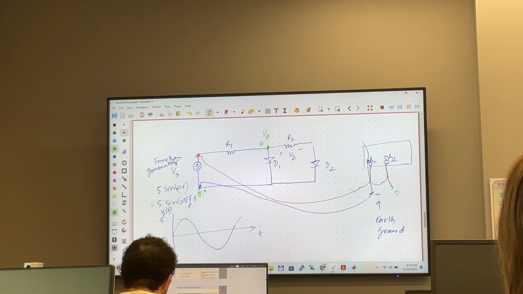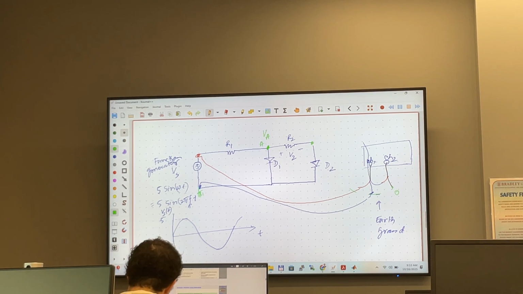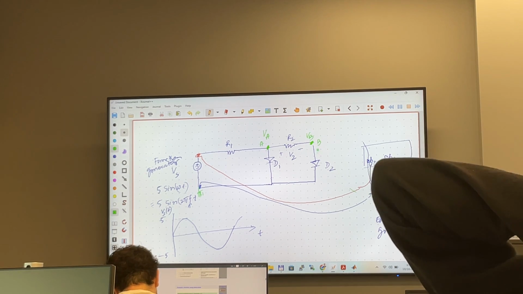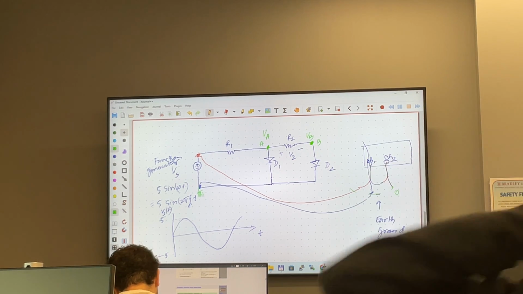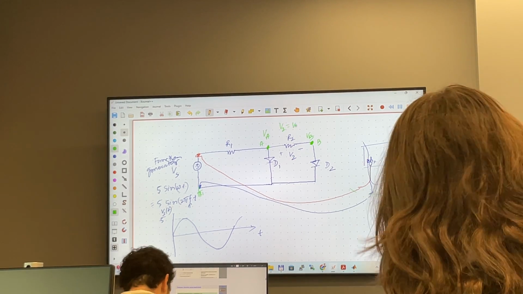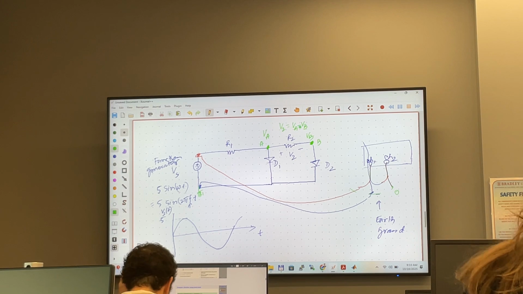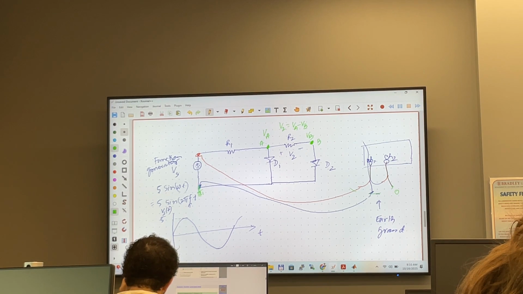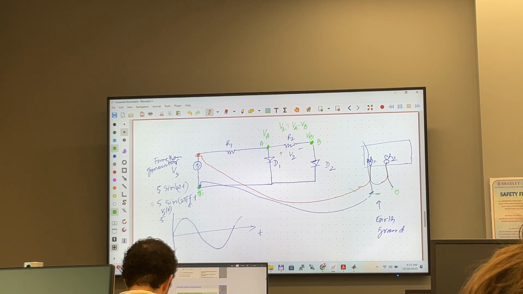And let's call this node B, and the voltage of this node is V sub B, also with respect to ground. Then V2 is going to be V sub A minus V sub B. You guys understood? It is the differential voltage across it. The voltage of this point is also a differential voltage. Only thing is that this is zero.